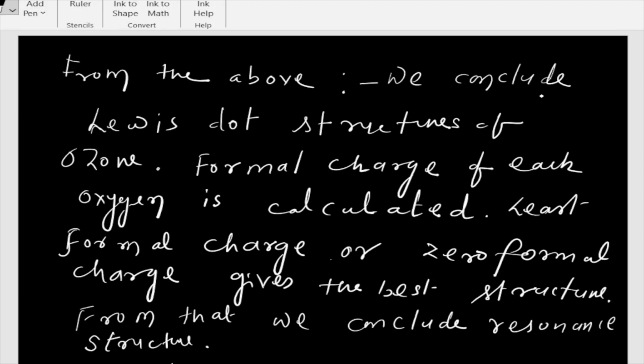If you see one formal charge and the other one is 0, then what is the best one? The 0 formal charge structure is the best structure. So I hope you are clear about that. You have learned about resonance structure, Lewis dot structure, and formal charge regarding our ozone structure, where the structure of ozone is O3, 3 oxygen. I hope it is clear to you.